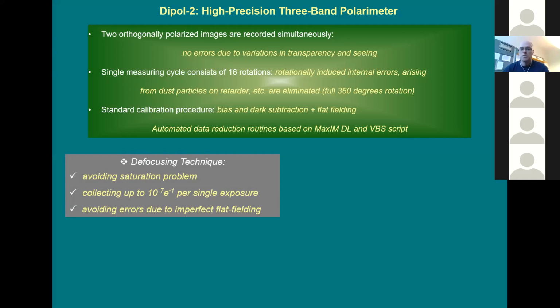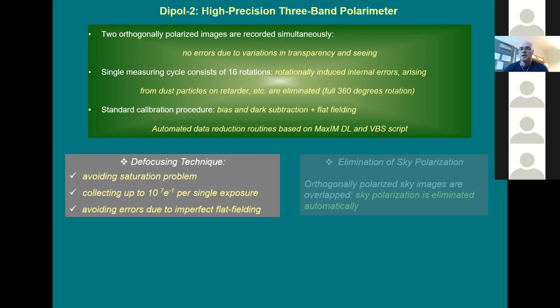When we observe a bright star, we intentionally defocus the telescope, as this helps us to avoid saturation. We do it by spreading the image over a large pixel area. This also helps us to collect up to 10⁷ photoelectrons per single image in the ordinary and extraordinary light beams. This also helps us to avoid errors due to imperfect flat fielding.